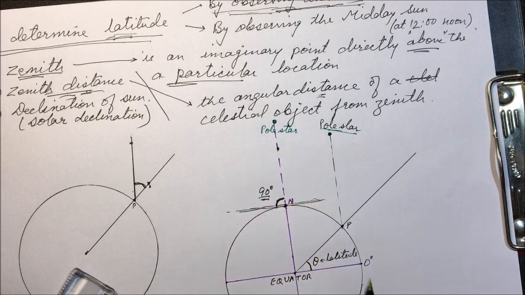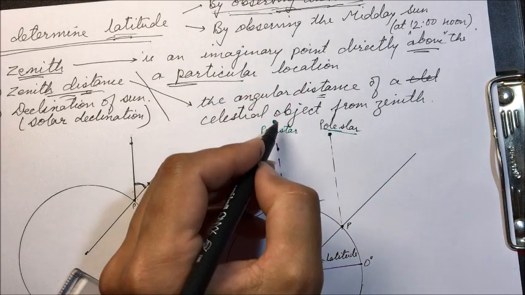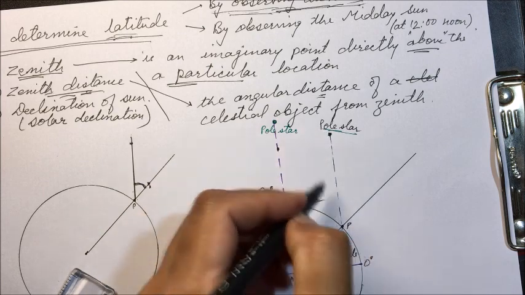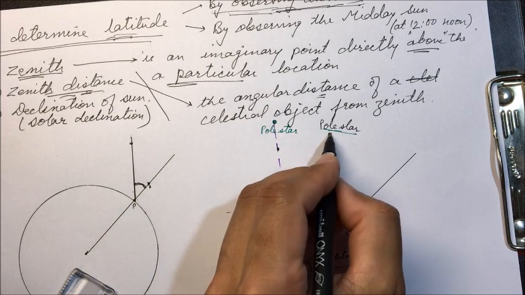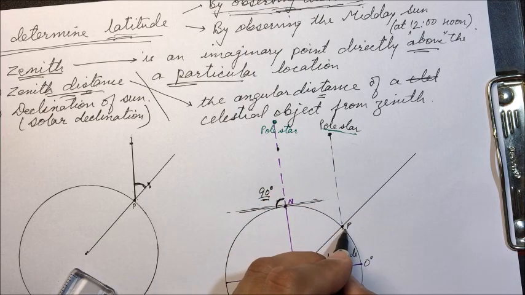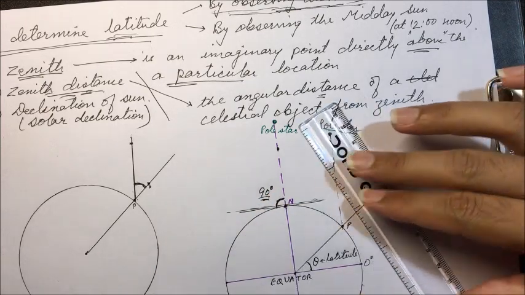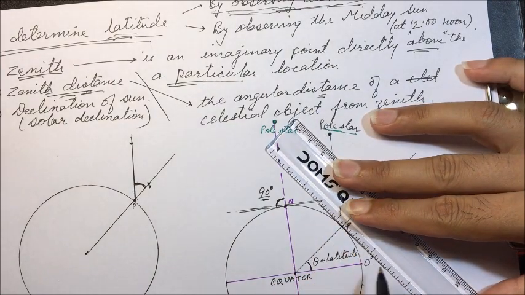Now how to determine? So if we are standing here, we are observing the pole star. Since pole star is very far from the earth, the rays coming from it appear to be parallel. Now at this point we are observing the pole star and it is making some angle with the horizontal. So if we draw the horizontal line, that is the surface at that point.